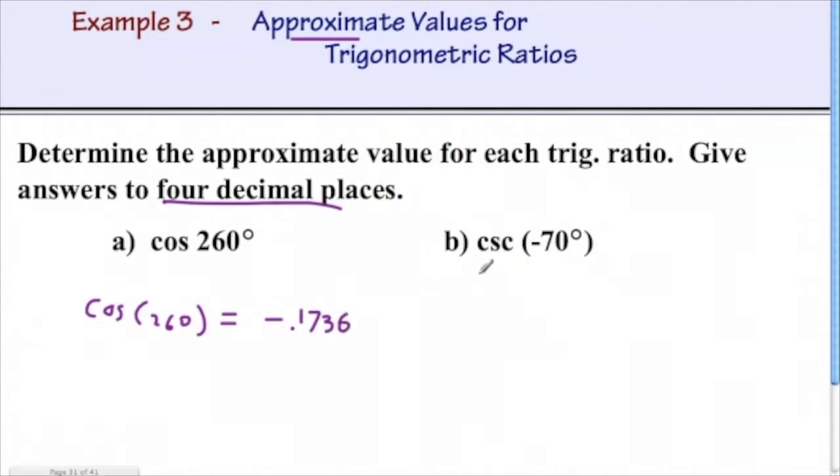You're just typing into your calculator. Now this one here is a little trickier because we don't have a cosecant button on our calculator. This is when we use our 1 over business, the 1 over sine.